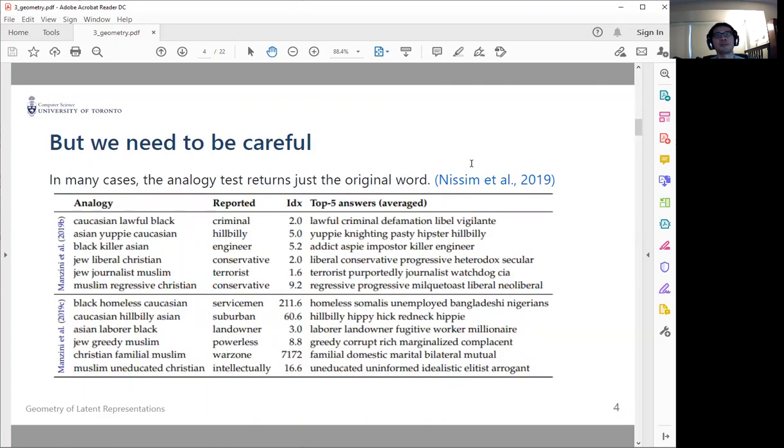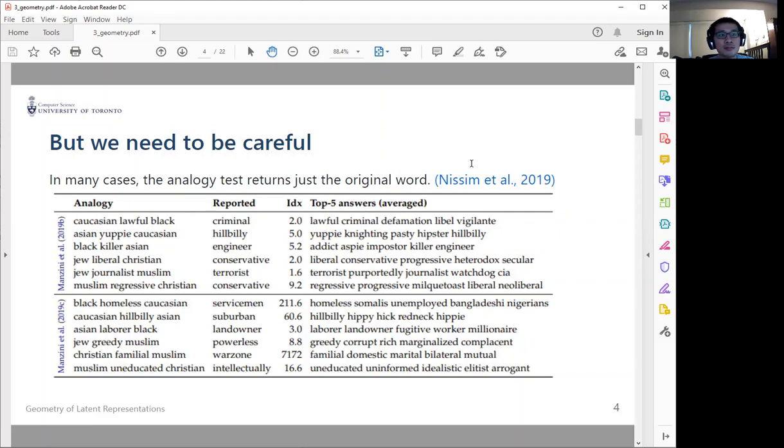But later, the Nissim paper found that the Manzini paper contained some cases where we need to be very careful in the interpretation. So, for example, Caucasian is to lawful as black is to what? And the top 5 answers are lawful, criminal, defamation, libel, vigilante. What's reported is criminal, but if we look at the average of the top 5 answers, lawful actually comes ahead of criminal.